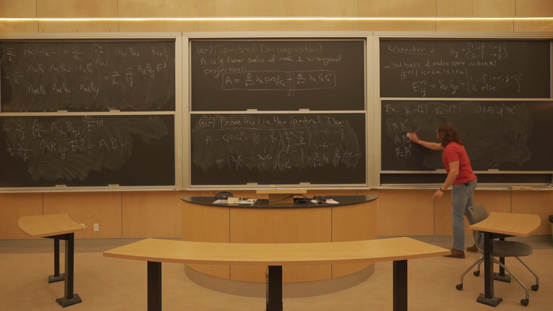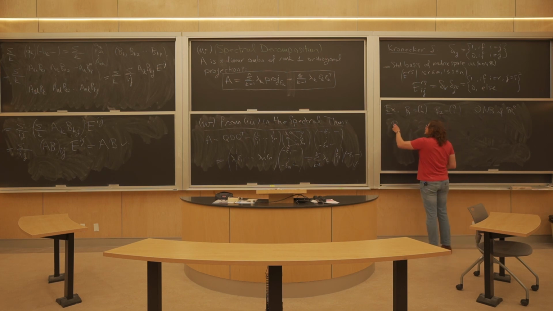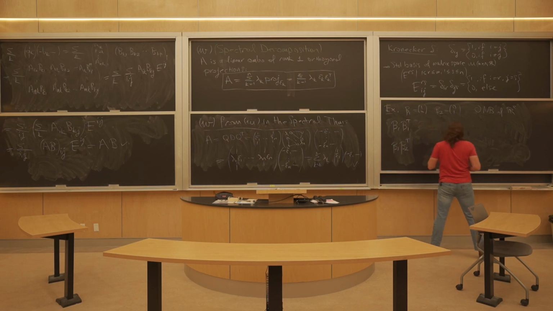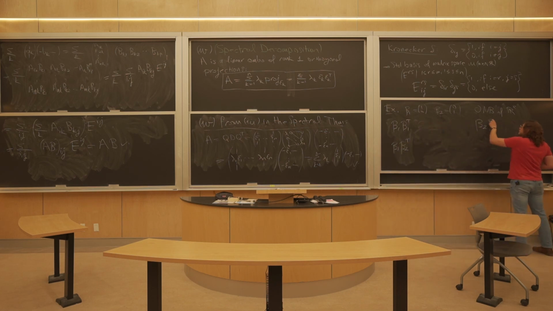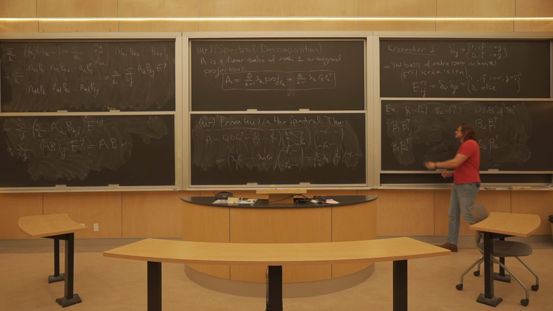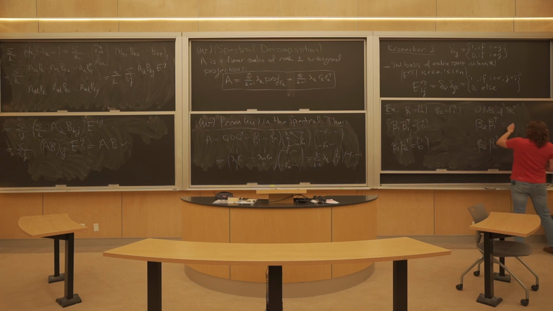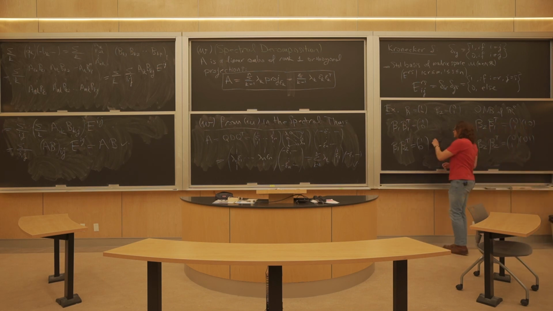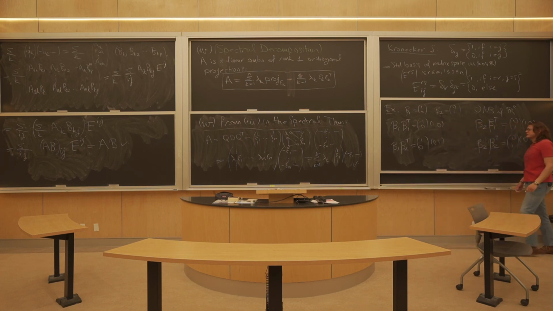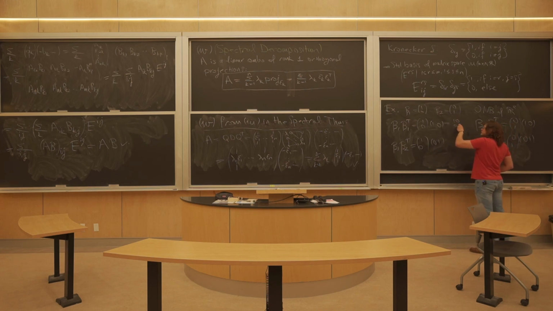Or maybe I should do it like this. Now, what are these? Okay, all of these are going to give you 2 by 2 matrices. This is going to give you 1, 0, 0, 0.